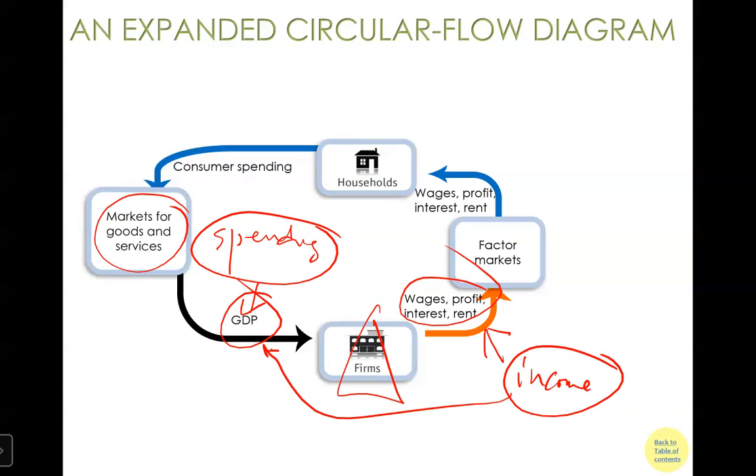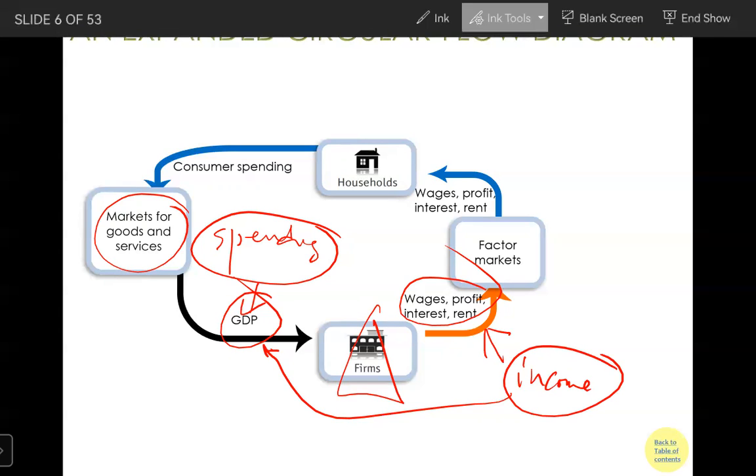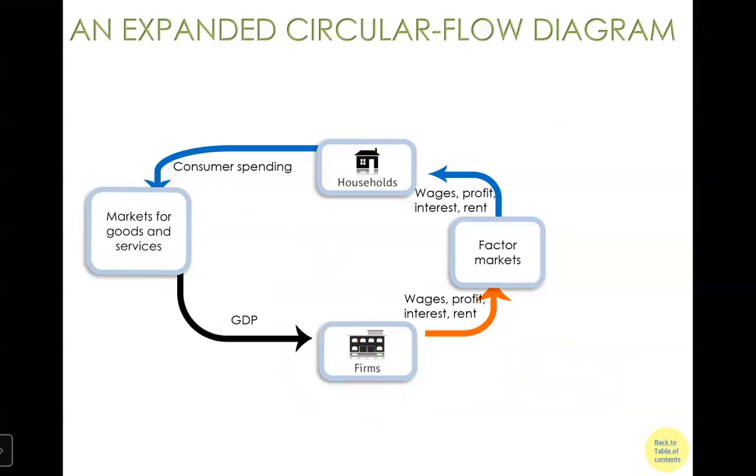So that just means, okay, we can look at the measurement of GDP through three different channels or three different angles. Okay, what are those three different angles? Let me summarize. Angle number one, we look at market for goods and services, spending. Angle number two, factor market, income.